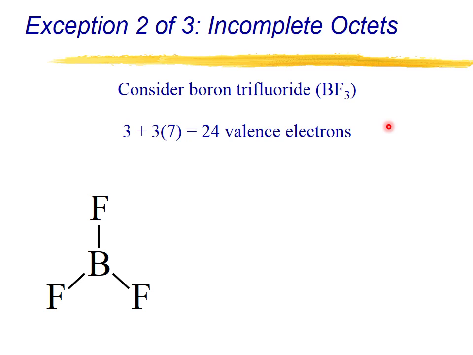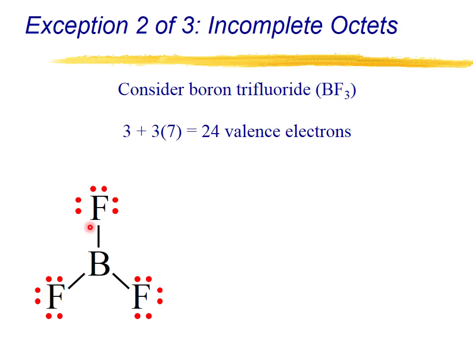The formula strongly indicates a central boron with peripheral fluorine atoms attached to it. The next step in the procedure would be to put 3 unshared pairs around each of the outer atoms. If you count at home, you will find that this is all 24 valence electrons.